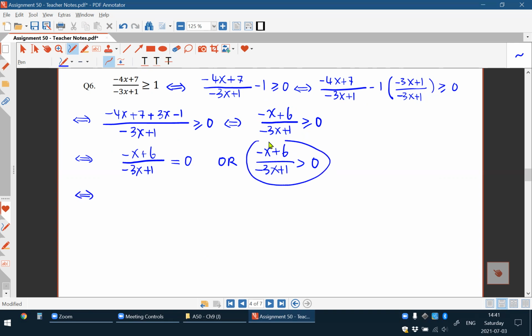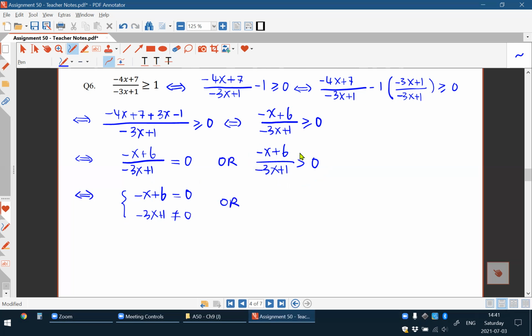For the inequality here, the method to solve this is exactly the same as the ones we use in question 1 to 5, right? Okay, so first, if the ratio is 0, this is equivalent to the numerator must be 0, and at the same time the denominator cannot be 0, right? This is the solution of the equation.